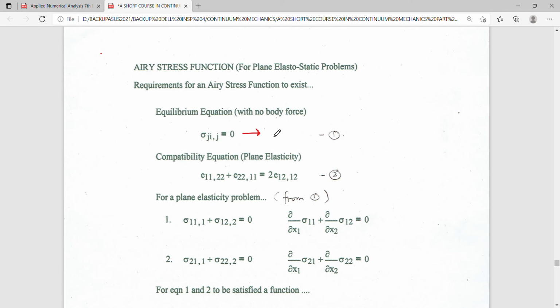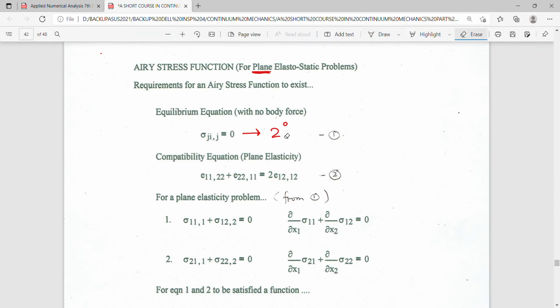So I actually have two equations because we are on the plane elasticity. We only have two axes. So 2 to the 1 is two equations. Okay, so we have a first order equation.